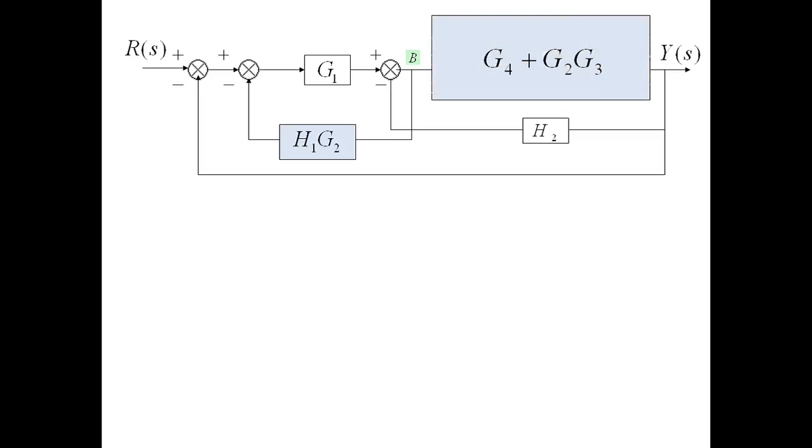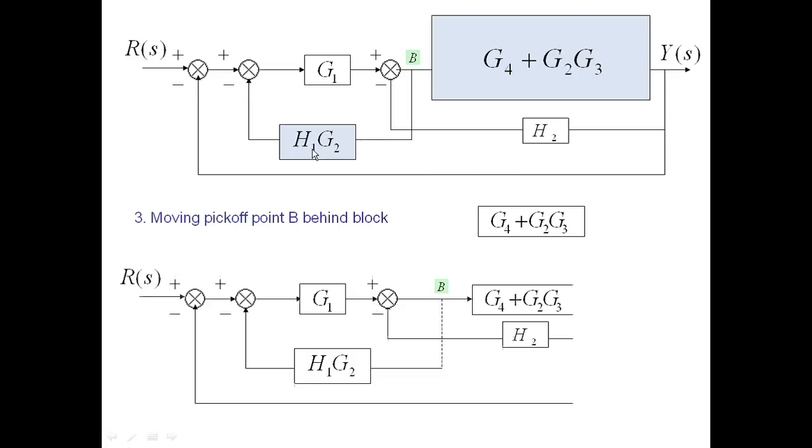Next step is we need to shift this takeoff point B to the right hand side of this block. Initially there is no effect on this feedback, but after shifting to the right hand side the effect gets introduced.